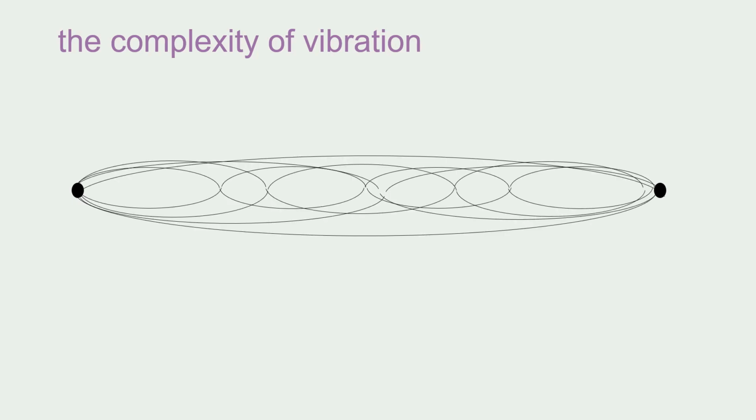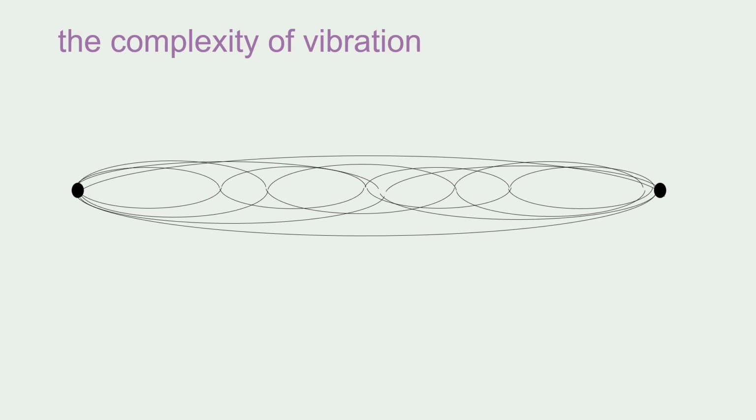Okay, so not only is it the whole thing moving backwards and forwards, but half of it is moving backwards and forwards, a third of it is moving backwards and forwards, a quarter of it is moving backwards and forwards, a sixth of it is moving backwards and forwards, etc., all at the same time, all of those producing different frequencies. And that's why stringed instruments produce such a rich sound.